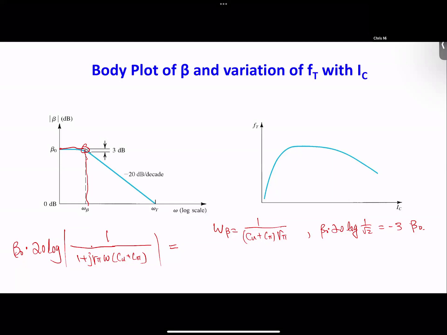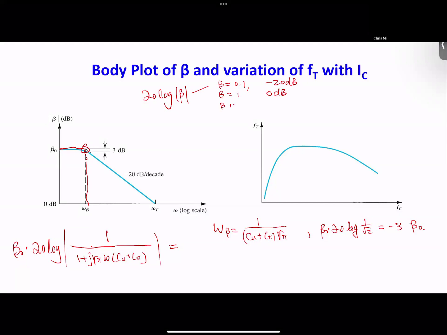Basically, this becomes 20 log of something, called beta. So if beta equals 0.1, you get minus 20 dB. If beta is equal to 1, you get 0 dB.